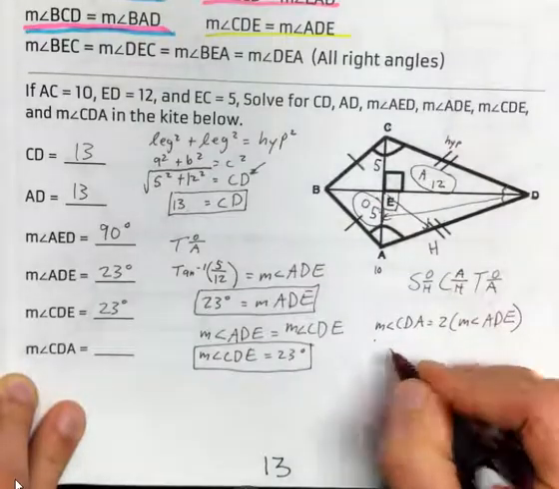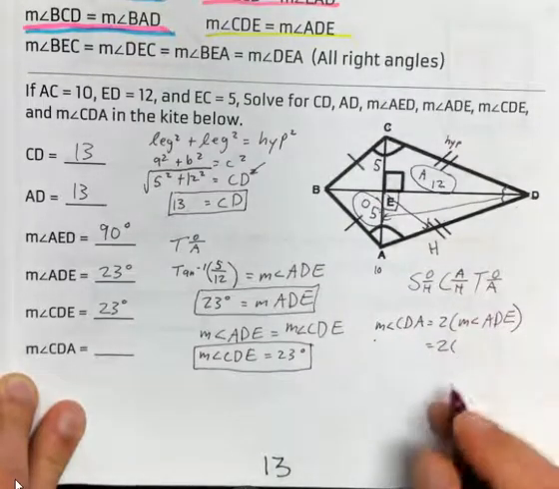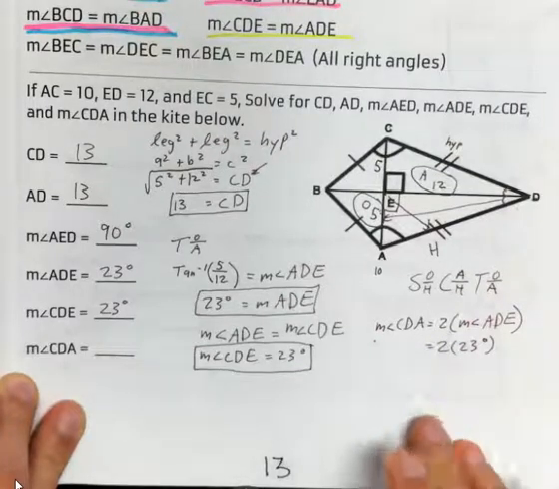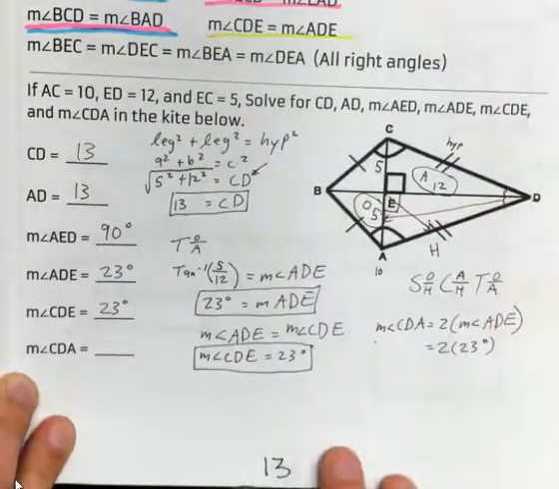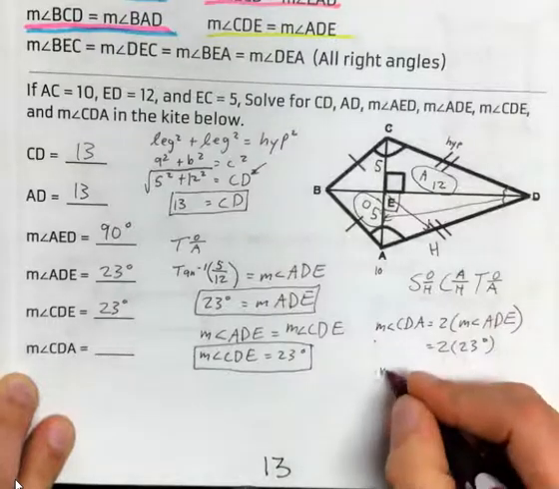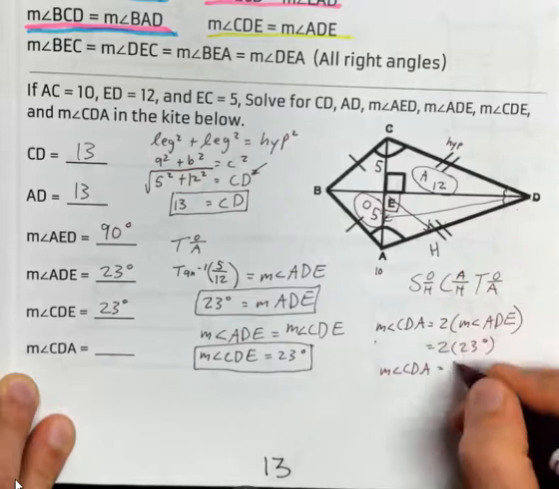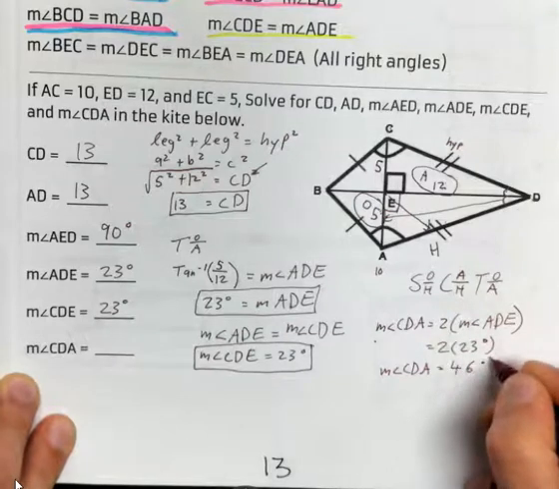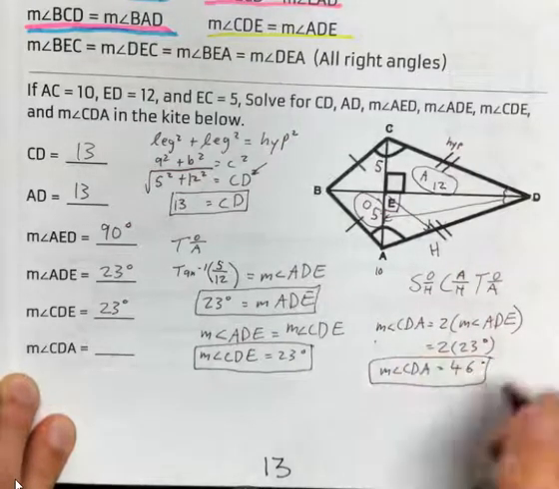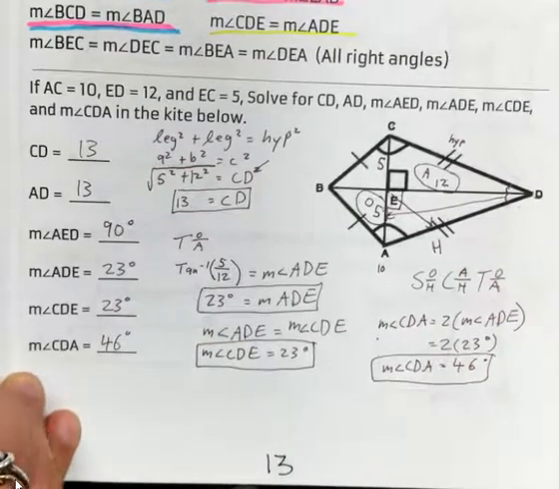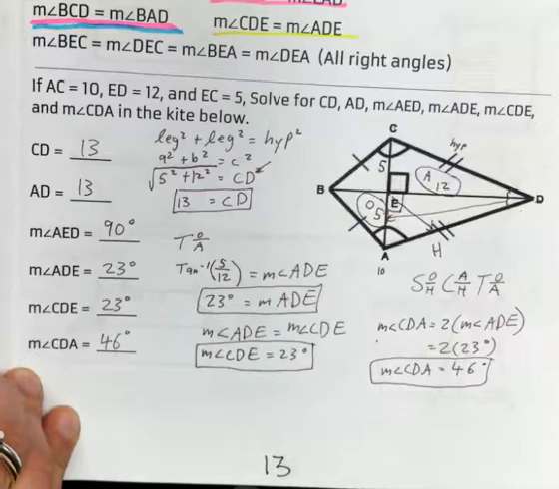Okay, so that equals 2 times 23 degrees, right? And so measure of angle CDA is equal to 46 degrees. All right, and that's it. Those are kites, and we did trapezoids, so we're all good.